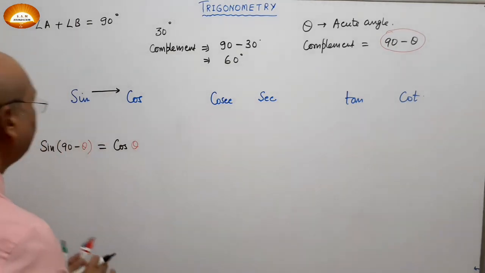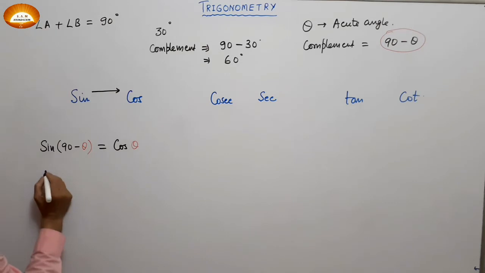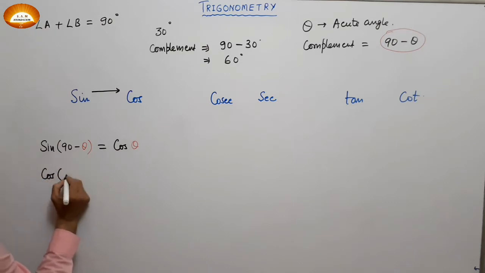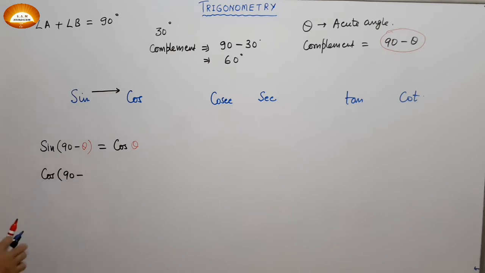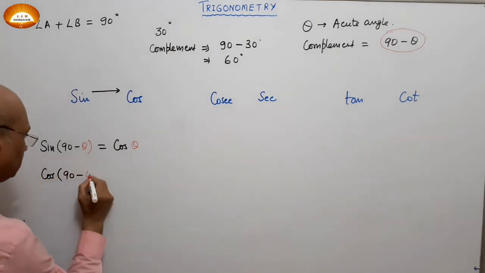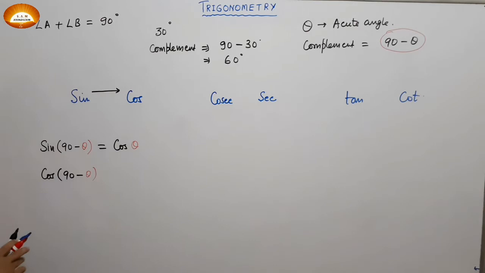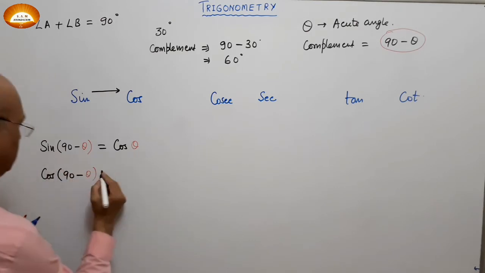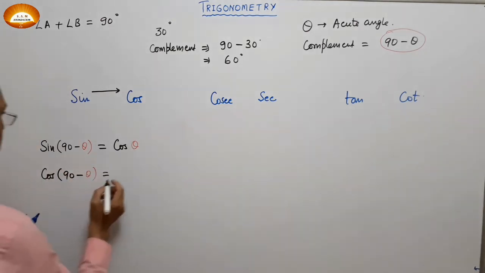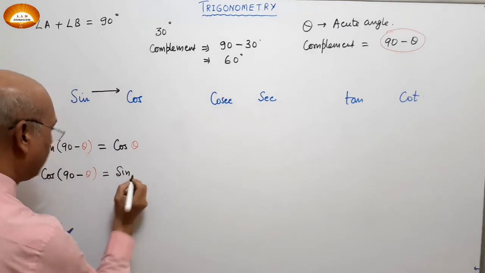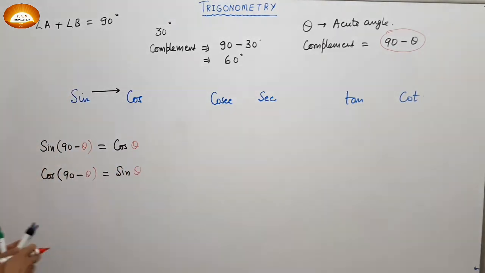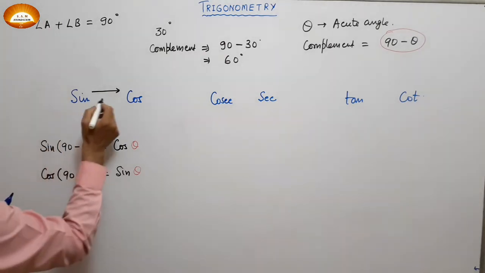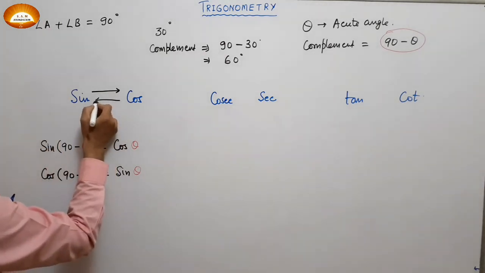Okay. Now second, when the cos ratio is associated with 90 minus theta, it is going to change into sine theta. One more arrow I am going to put this way.